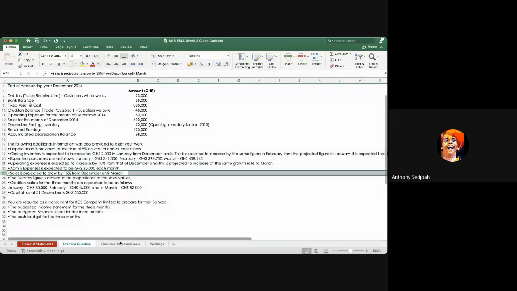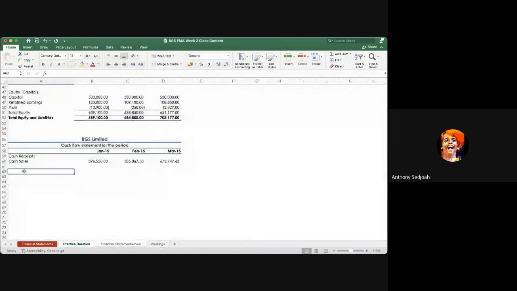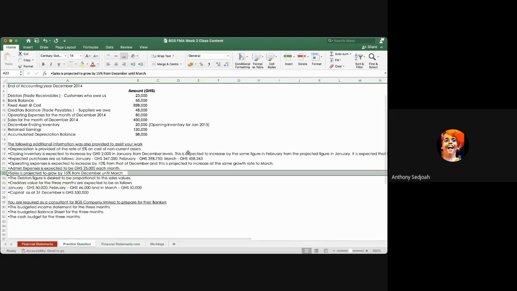So let's go to the cash outflows. Let's start with the purchases. Cash purchases. Do you have any cash purchases in the question?